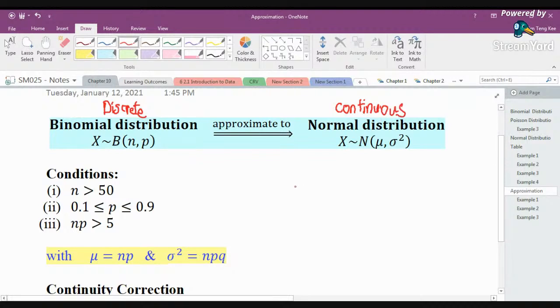Why we happen to do so, and why we can do so: recall back in chapter 9, when we discussed discrete random variables, when you sketch the graph for the discrete case, you have something like this in your drawing.